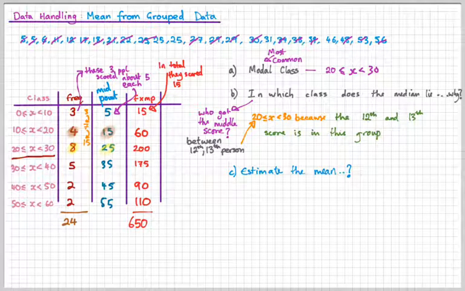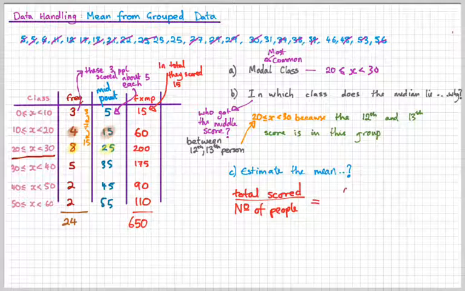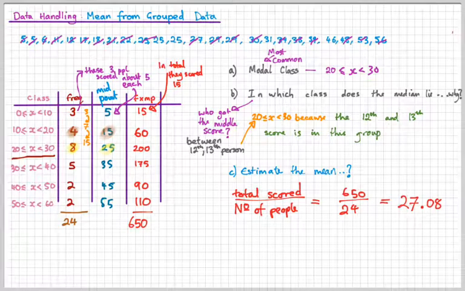To estimate the mean, we do the total that was scored divided by the number of people. In this case, it's 650 divided by 24, and that's 27.08. So that's mean from group data.